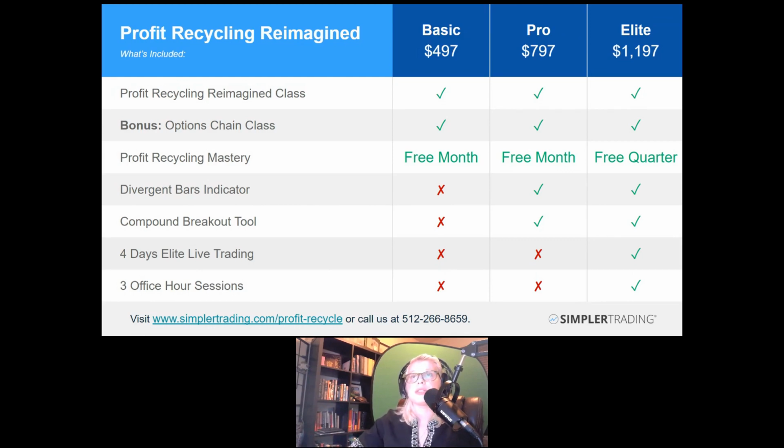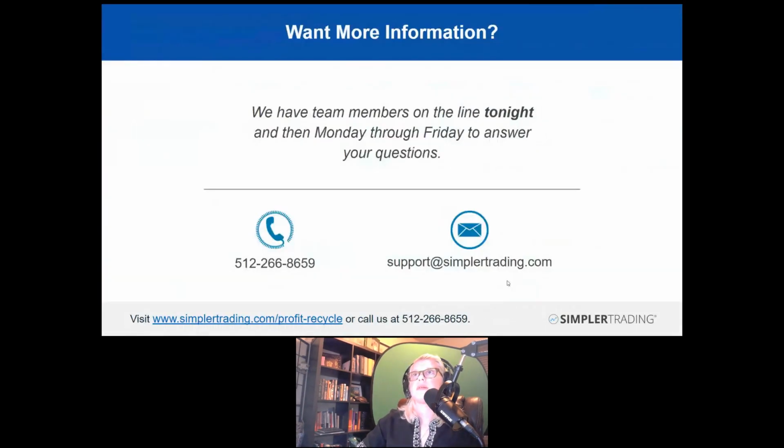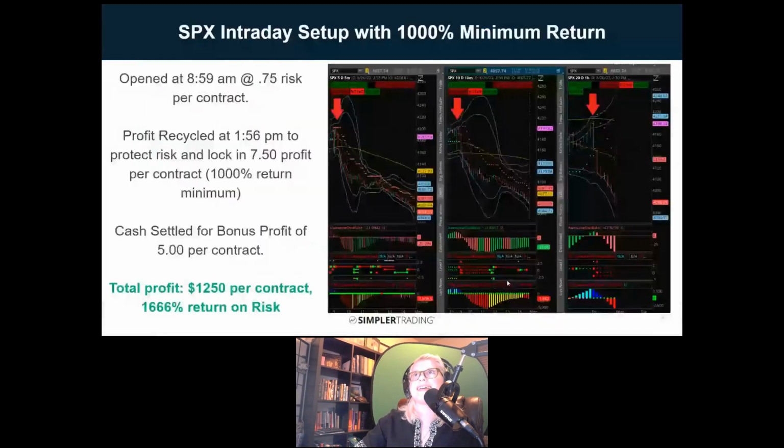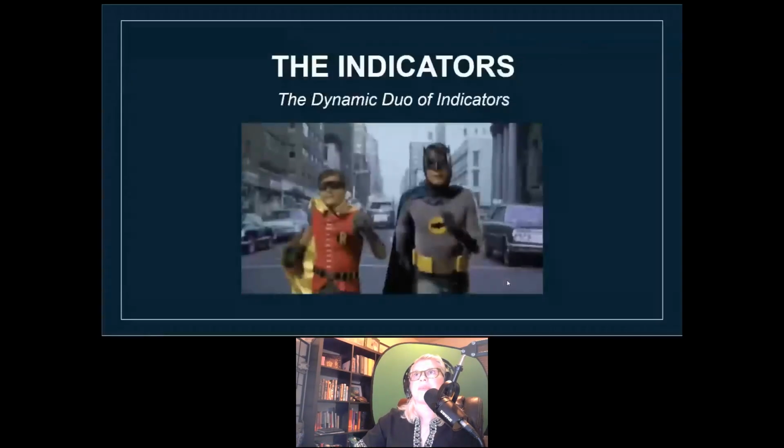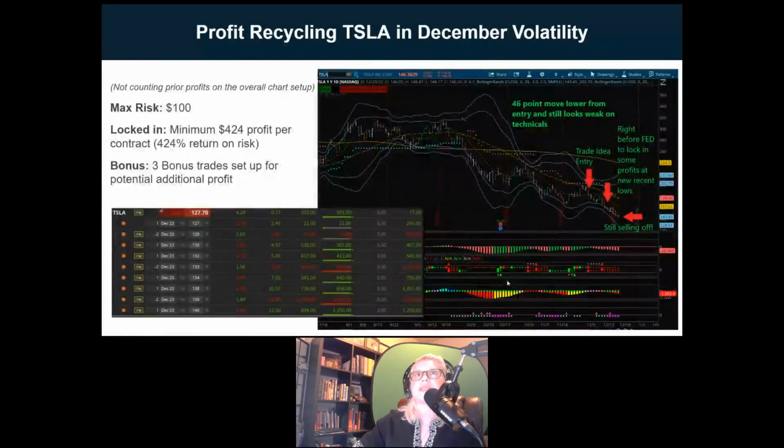Like on the Tesla trade example, I could go back and show that one really quickly. All the way back. But here are some examples in this setup. You can see a snapshot of the screen here of one of the weeks that we were profit recycling Tesla. And at this point, we had already taken profit some of the prior weeks to lock in, to where we didn't have the risk. But it started with this trade down here, the 140 put at $1.